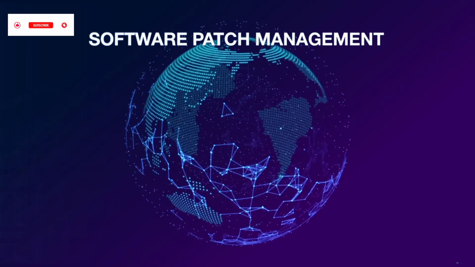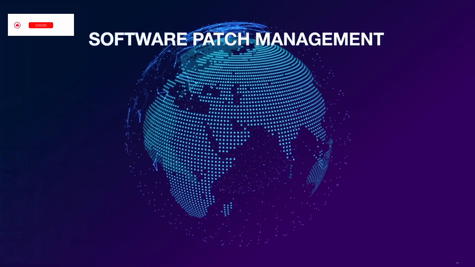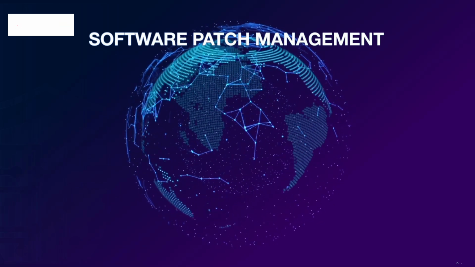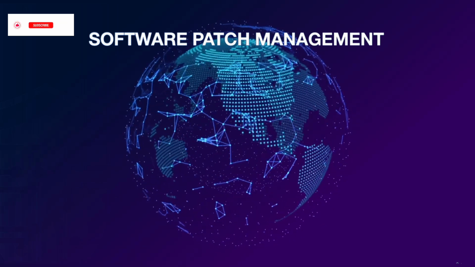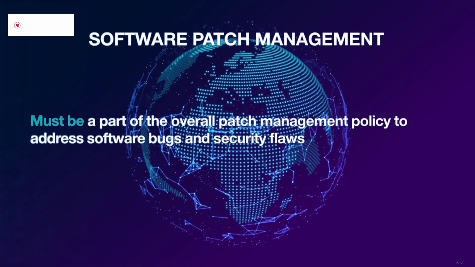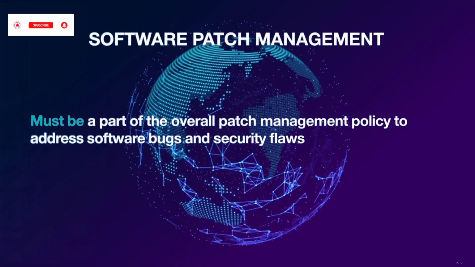So once the software application is in operation, typically there are going to be flaws. There are going to be things wrong with it. And eventually it's going to need to be patched. And it must be part of an overall patch management policy to address those flaws or those bugs in those software applications.